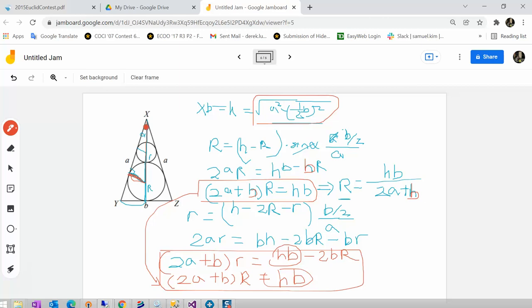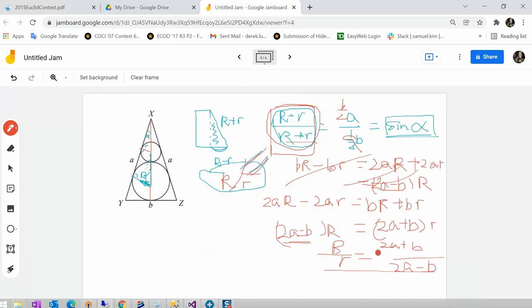This triangle, for this length, sine here will be R, and then this length is H minus R. So you got one equation, two equation. Once you got two equations, you solve this one. So you avoid H, or it doesn't matter, because eventually the answer will be the same.